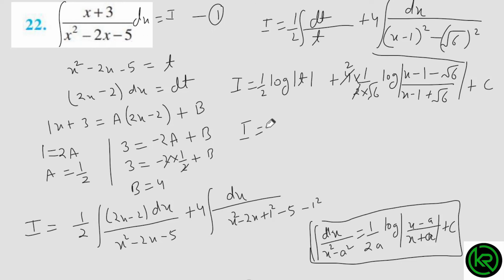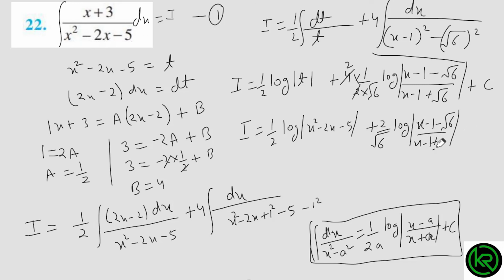So our final answer will be half log mod x square minus 2x minus 5 plus 2 by root 6 log mod of x minus 1 minus root 6 upon x minus 1 plus root 6 plus c. This is our final answer.